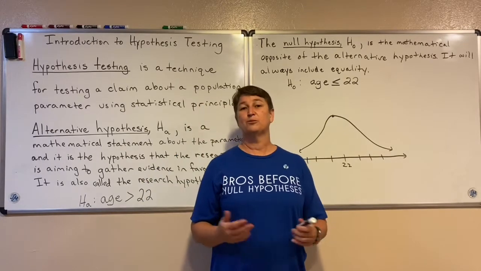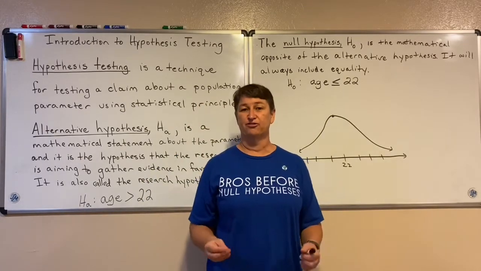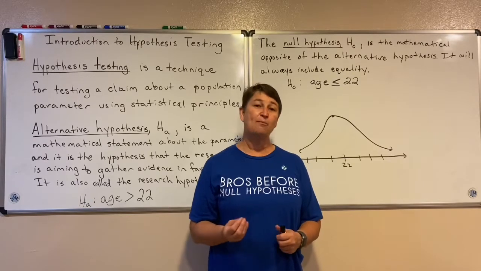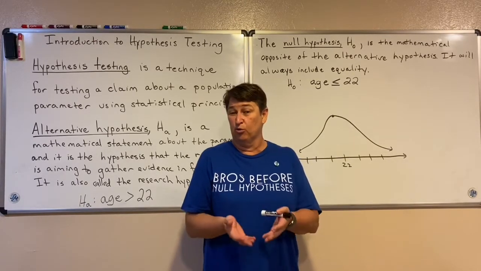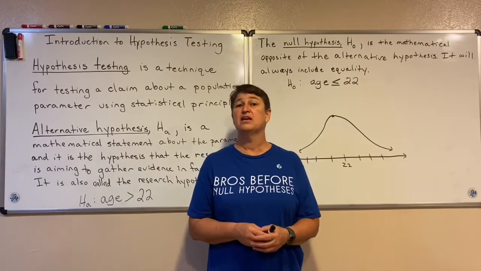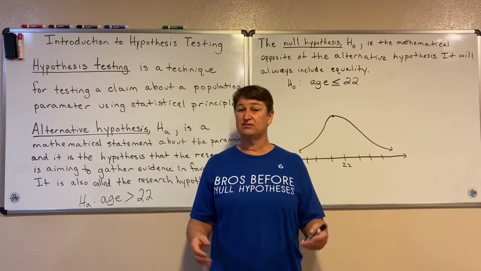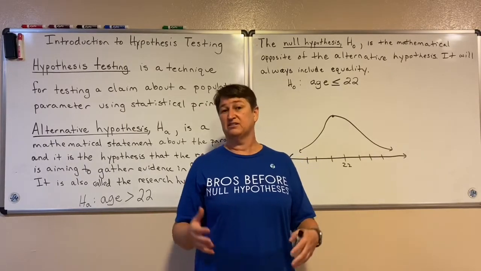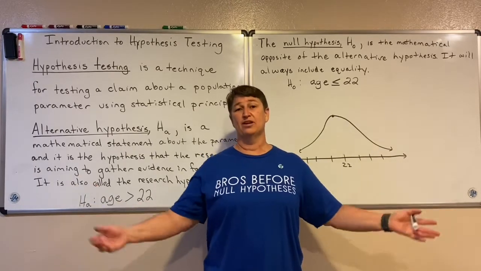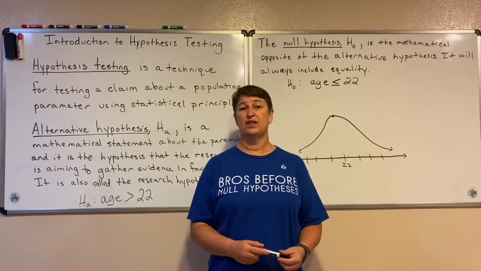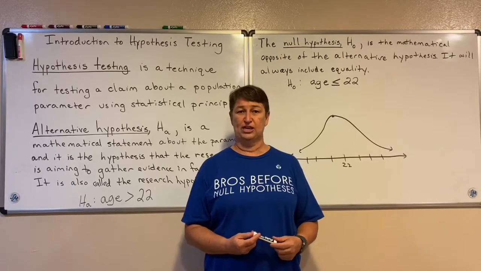So that's just the basics of a hypothesis test: we have some idea about our parameter that's different than what we think the actual parameter is. And then we're going to gather evidence to test that theory to see, is it maybe the same, or do we find some evidence that makes us think that our parameter has changed?